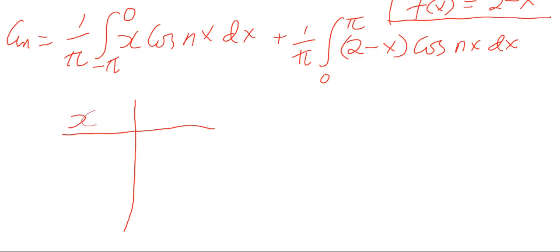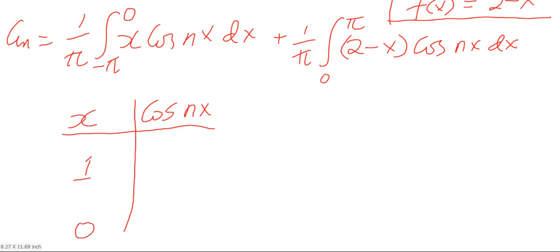Otherwise, we would have applied the method of integration by parts directly. But here, because we have x and cosine of nx, we need to differentiate x. The derivative of x is 1, and if we differentiate 1, we get 0.